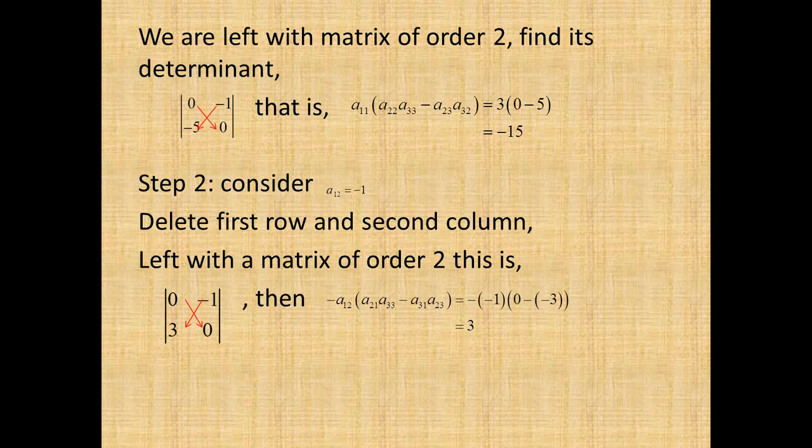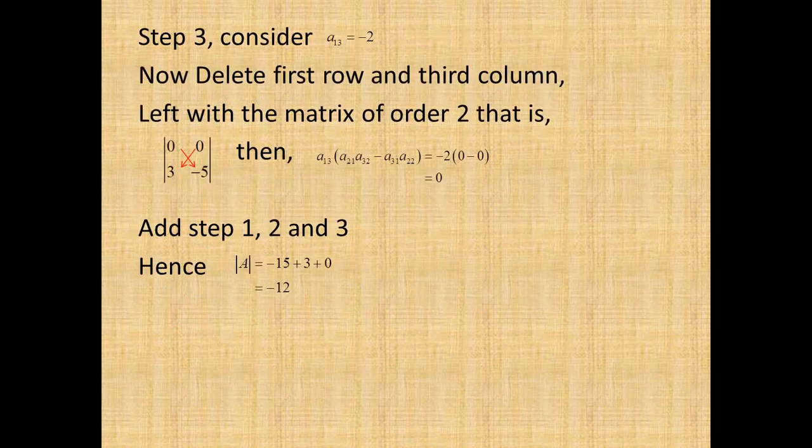I get this matrix. Then I find its determinant by cross multiplying and multiply it with A12 along with minus 1 to the power of the suffix, 1 plus 2, which is minus 1 to the power 3, which is minus 1. That is the reason I have put a minus sign before minus 1, which is for the position of A12. I solve and get the answer 3.